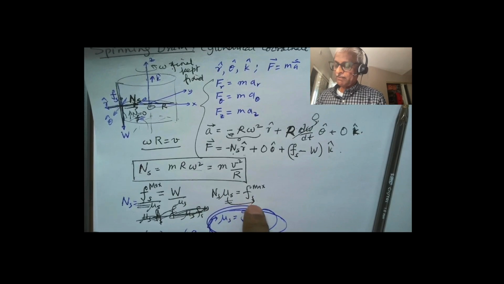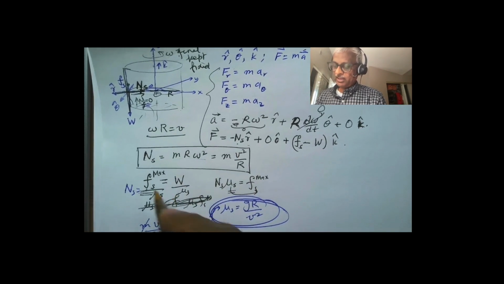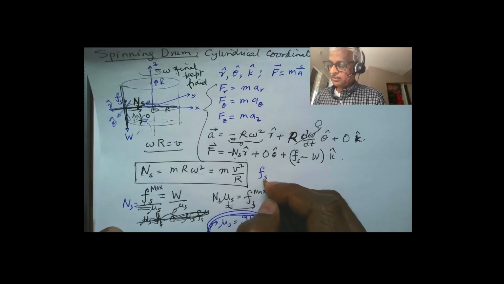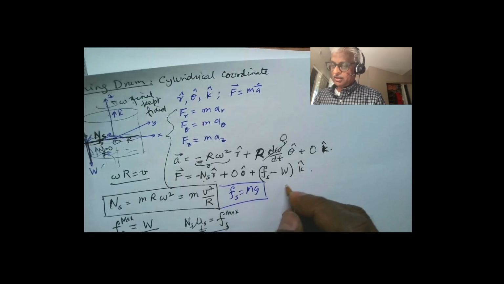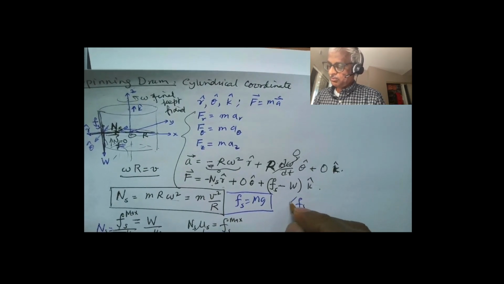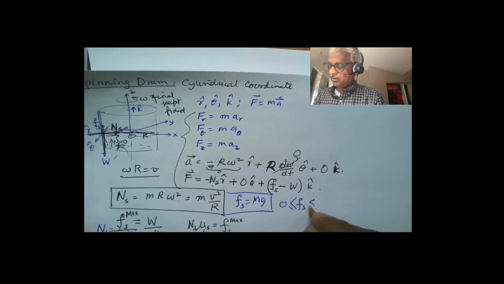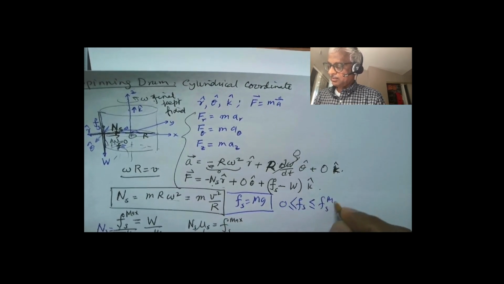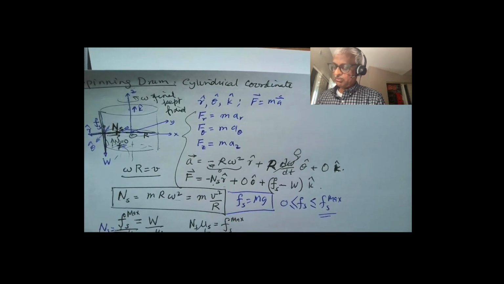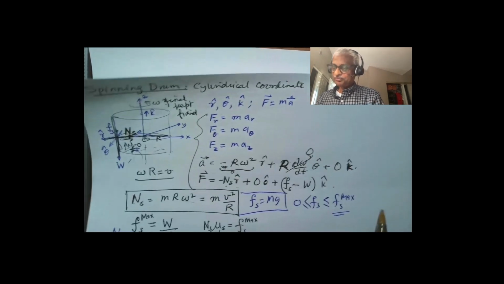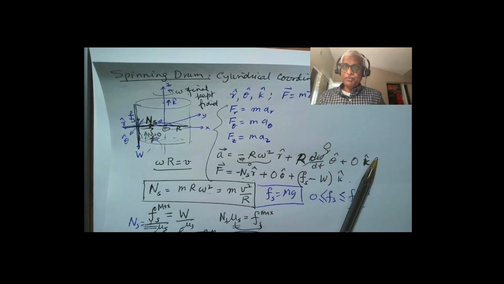The actual Fs is mg, and this Fs lies between 0 and Fs max. As long as you've got this kind of mu s, you have sufficient mu s. If it's less than this, then you're not providing sufficient mu s. Okay, I think I'm going to stop here.